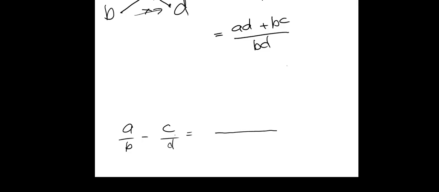Okay, so bottom times bottom, BD, bottom to top, AD, bottom to top, B times C, and the minus comes over, and that's that. And we're done with that one.